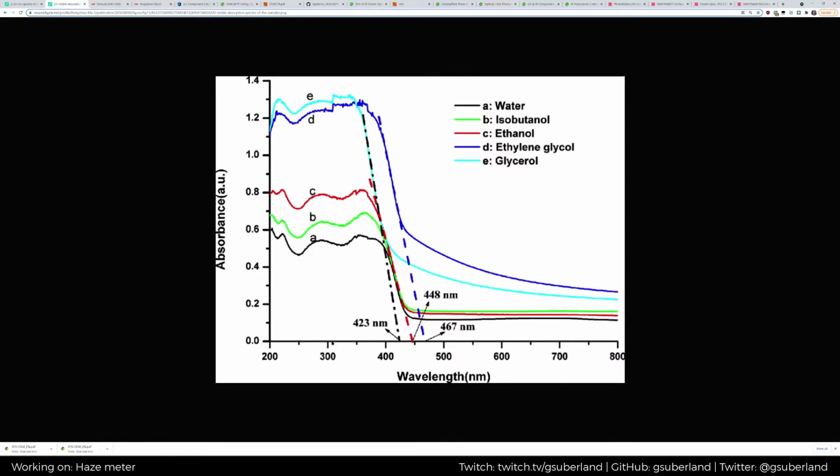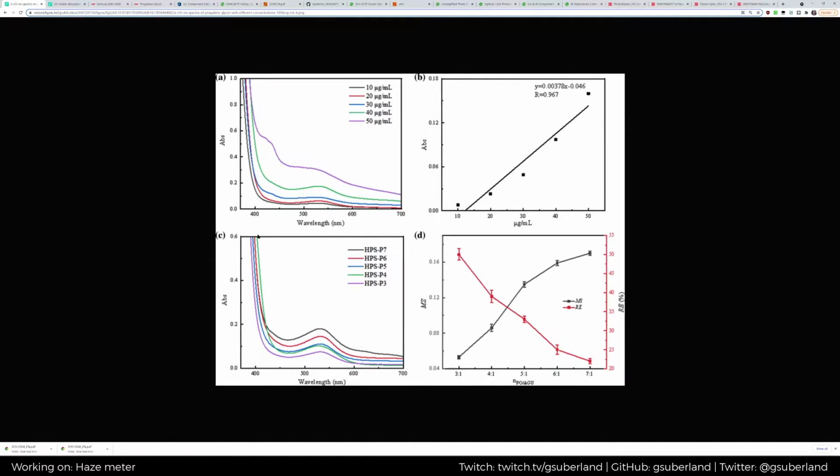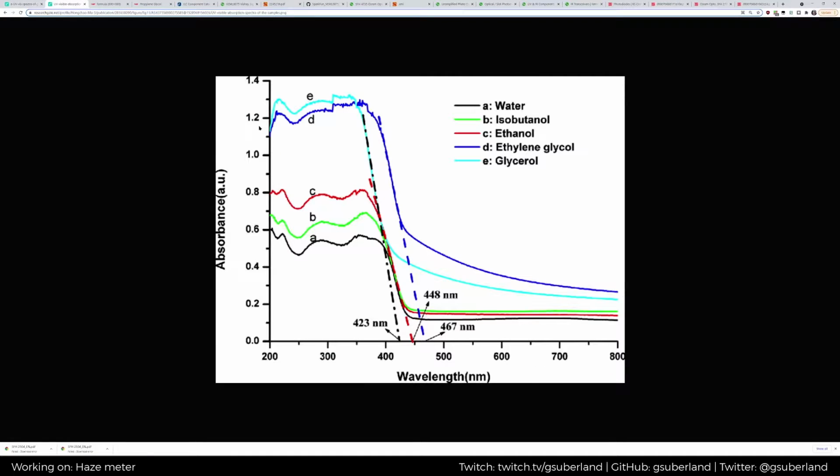The 330-ish peak is well within this absorbance area, on the left side of this graph. This one is actually for propylene glycol, and then this one has ethylene glycol and glycerol. So it seems like they're all very similar. So for the UV side of things, that's pretty cool. That covers us quite well.